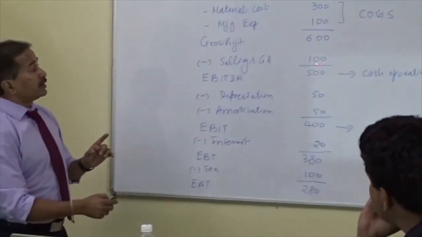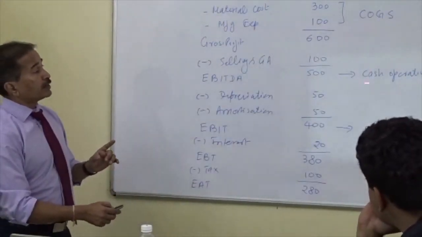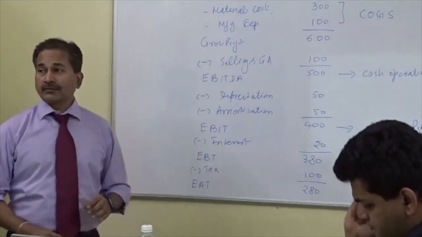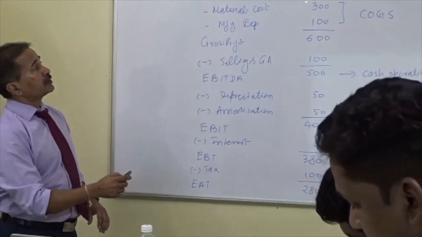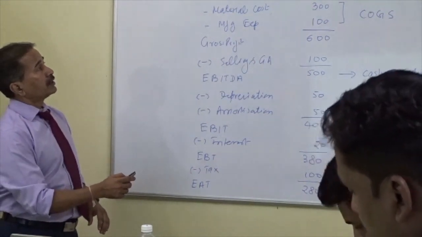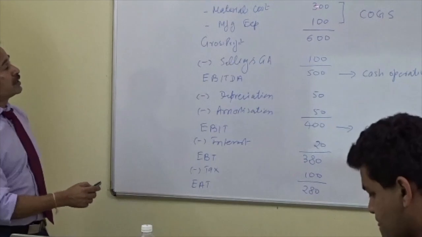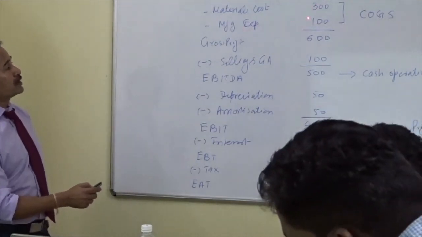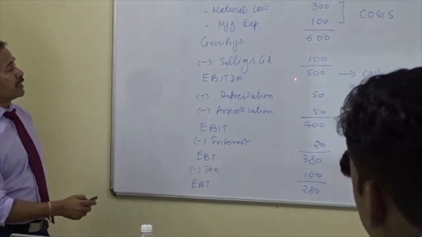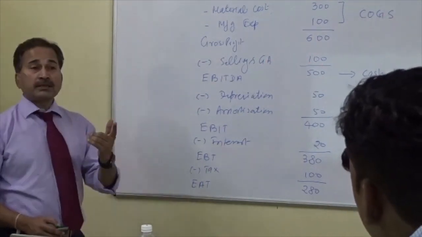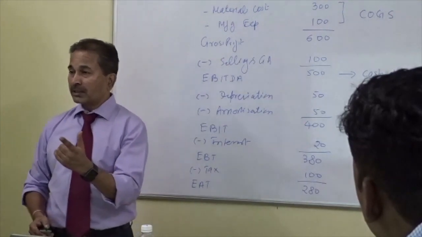अब देखिए ये EBITDA, इसको पहले समझ लीजिए कि इसको कैश ऑपरेटिंग प्रॉफिट क्यों बोलते हैं. सिंपल है. कितना आपको कैश आया बिजनेस में? 1000. मटेरियल कॉस्ट पे कितना चला गया? मैन्युफैक्चरिंग कॉस्ट पे कितना चला गया? सेलिंग एंड जनरल एडमिनिस्ट्रेटिव पे कितना चला गया? आपके हाथ में कैश कितना बचा? ये कैश जो आपको बचा 500, कहां से बचा?